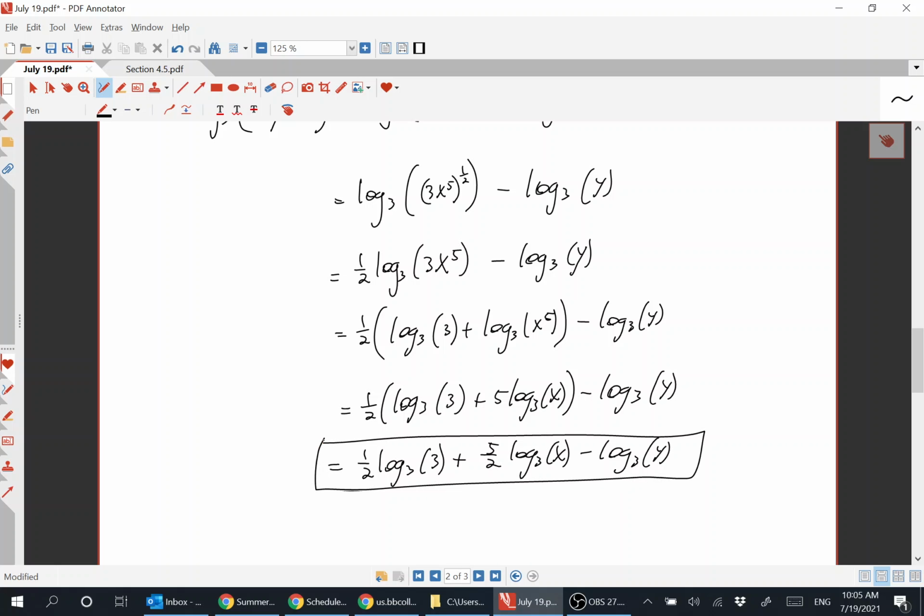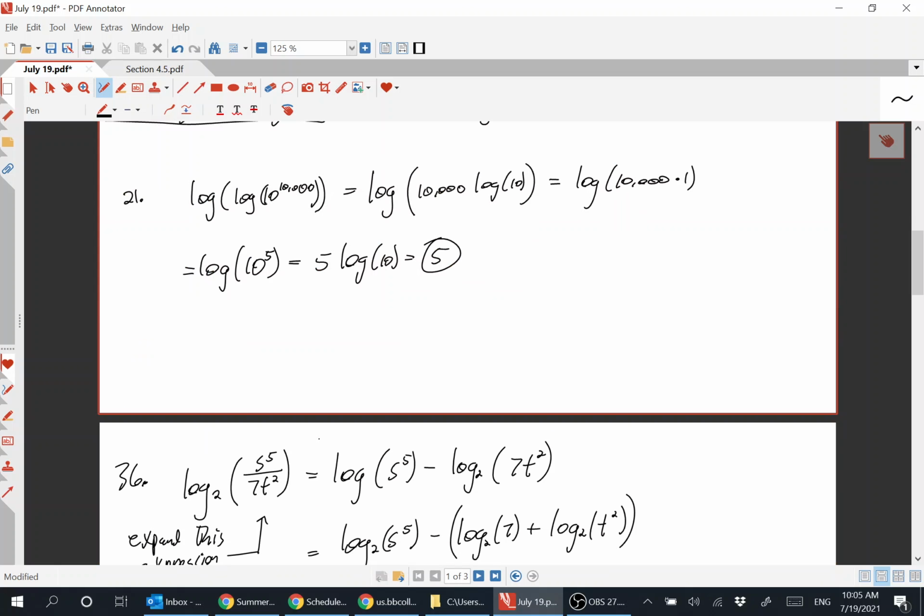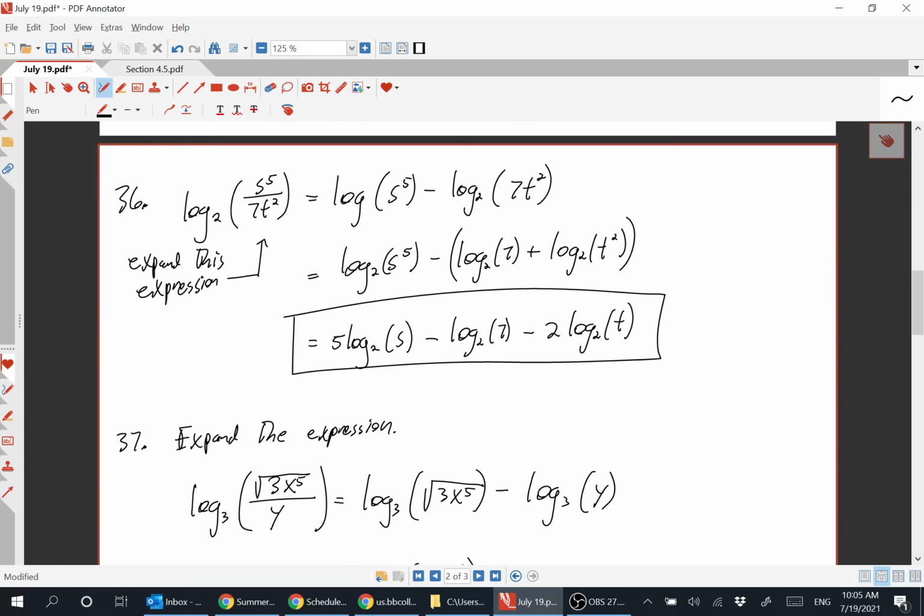Okay, so number 38, pretty similar to that one. Very similar to number 37 that we just did. 46.